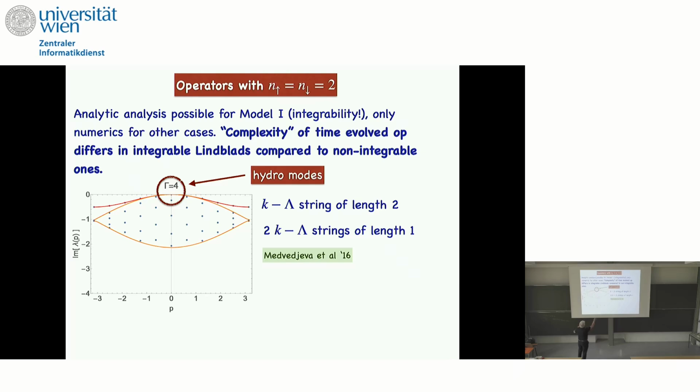Okay. But what can you say? For the integrable model, there are still hydro modes, just in case you think that if I understand the hydro modes in the two-particle sector, I understand them all. It's not true. So here, I've plotted the hydro modes. There are two types of hydro modes. There again is a single particle mode, which is this one here. And we understand what that looks like in terms of the solution of these quantization conditions.